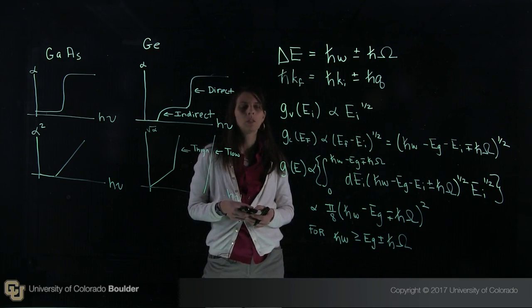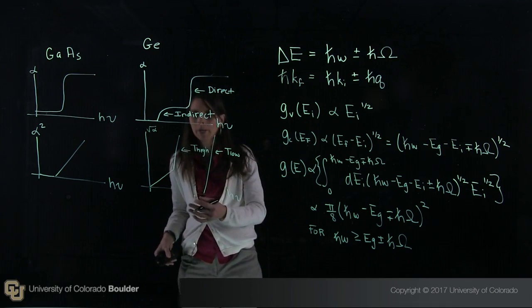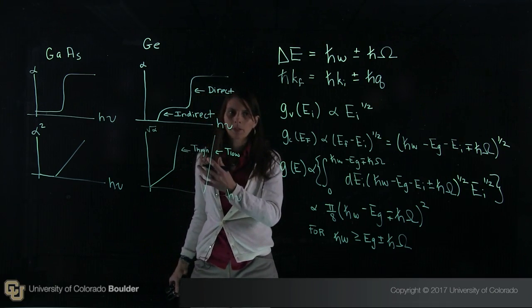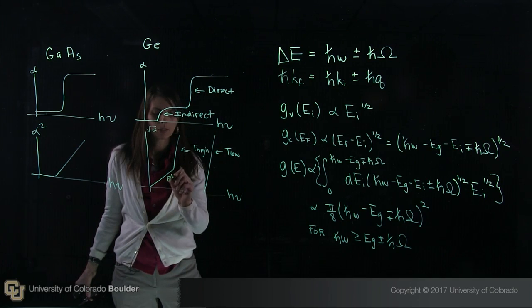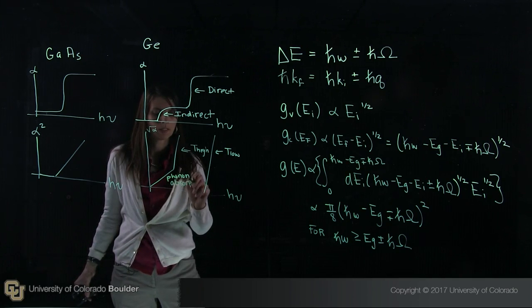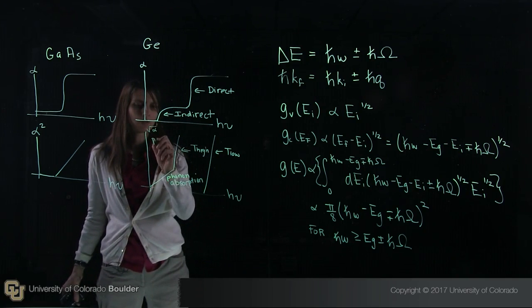And so now we can take a better look at our graph. The reason why we have these two slopes in the case of high temperature is that this lower slope corresponds to phonon absorption, and this upper slope corresponds to phonon emission.